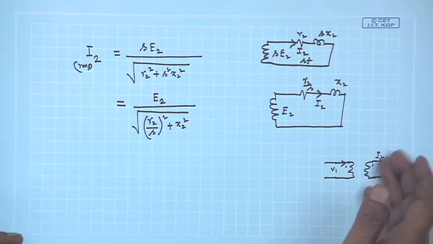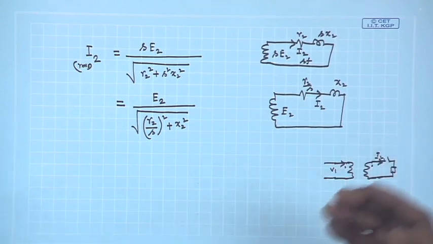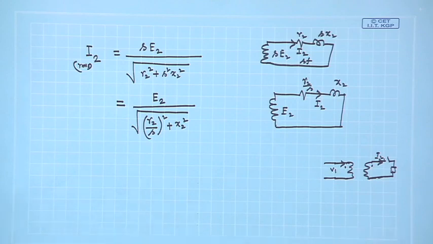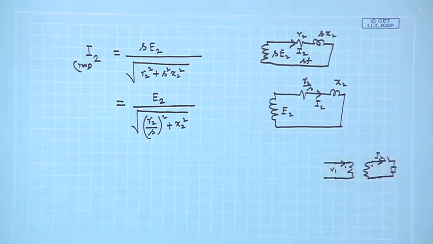No matter whatever you are doing on the secondary side, you are shorting, you are closing, some resistance, some inductance, do whatever you like, the net flux in the core will not change. That is why people say MMF balance, N2 I2 is equal to N1 I1, reflected current.